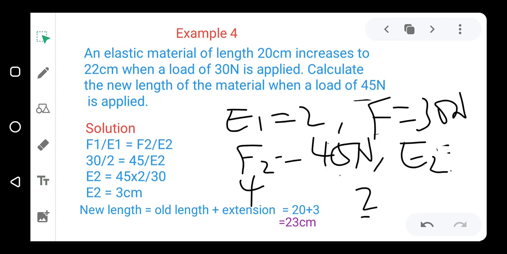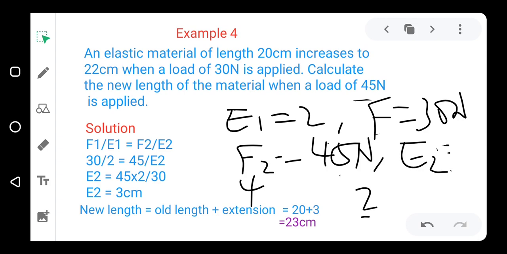So with this, if we do cross multiplication and solve, we get that E2 is equal to 45 times 2 over 30. You can do the cross multiplication and try to get E2 as the subject. You will get this. And then if we divide, we get 3 cm.